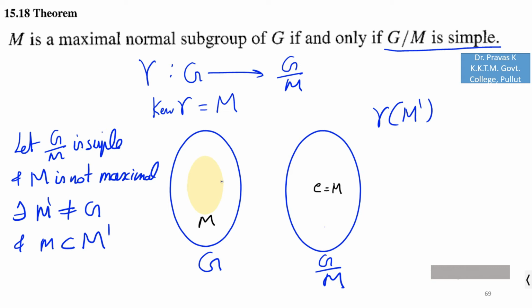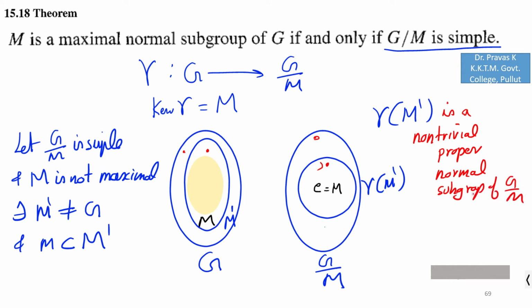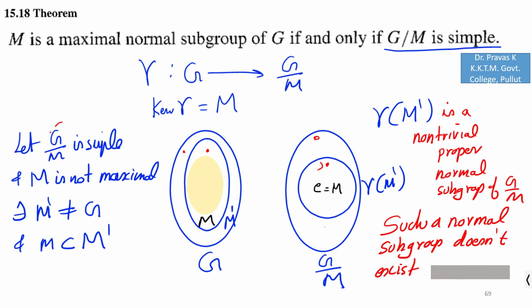Since M dash properly contains M, it contains at least one element other than the elements of capital M. And also since it is proper, it contains an element outside of it, which means that gamma of M dash contains at least one element other than the identity element, and also it is proper in G over M. Thus gamma of M dash is a proper non-trivial normal subgroup of G over M, but that is a contradiction to our hypothesis that G over M is simple, which cannot have normal proper non-trivial subgroups.